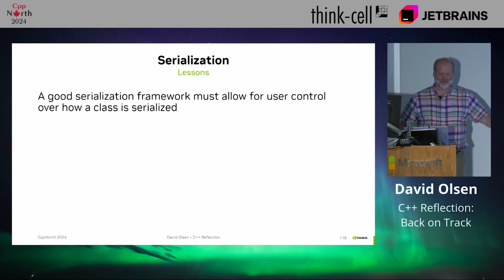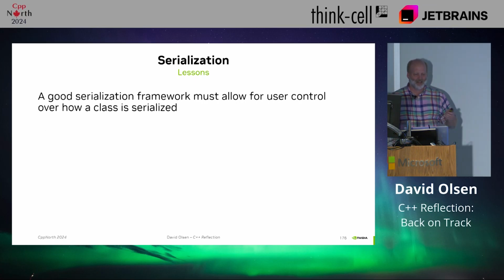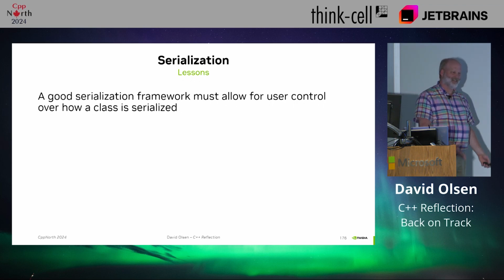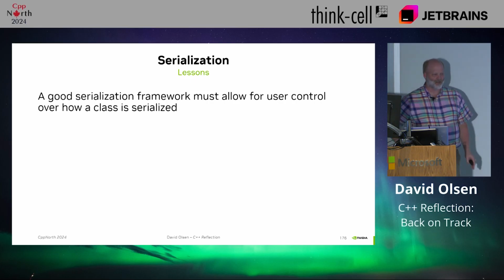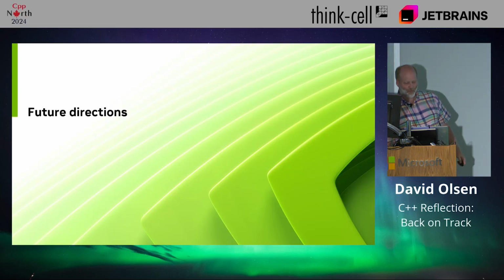So the summary is a good serialization framework must still allow you to specify how to serialize a class manually, but it can handle more things automatically through reflection.